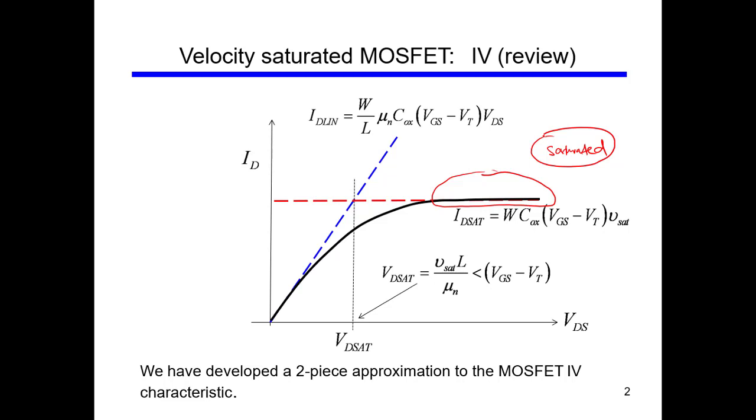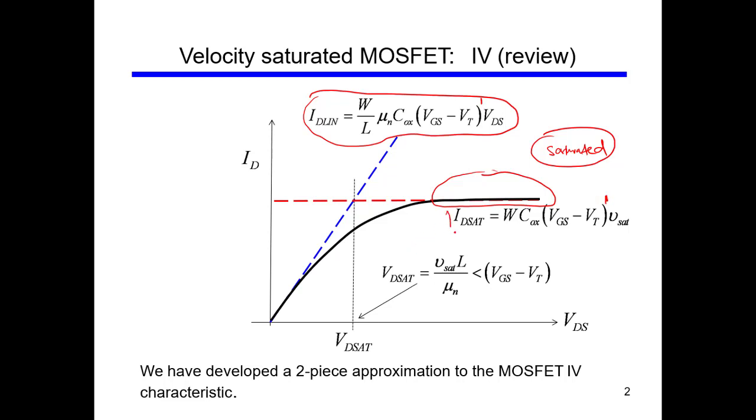So we saw for that velocity saturated characteristic, we have these two equations. In the linear region, it is this equation. Note that there is no square here, it is power 1, and also no square here, it is power 1.